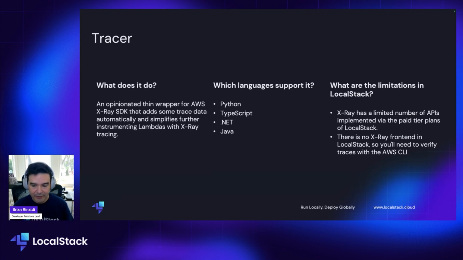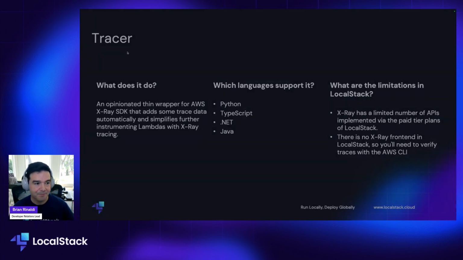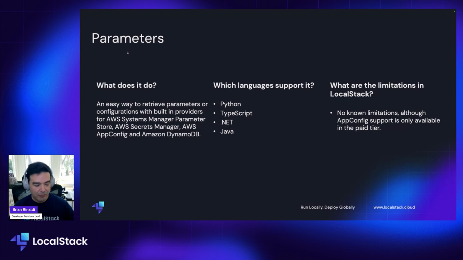But you will be able to use the AWS CLI to make calls out to X-Ray to verify that everything is functioning properly, so that you can be sure that your metrics are working before you fully deploy them to AWS.